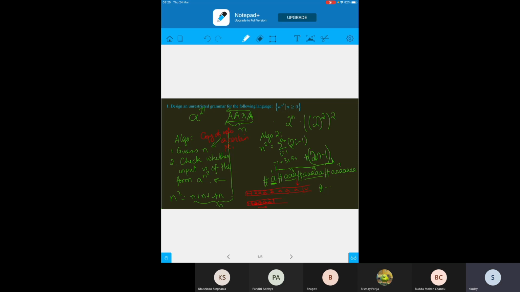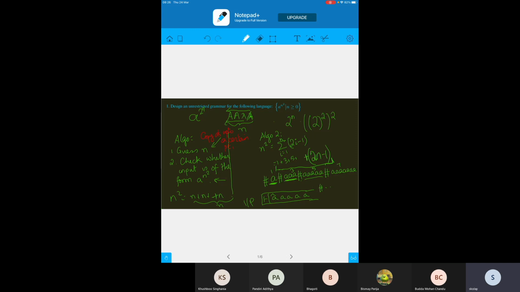So now what I can also do in parallel is, let me just erase this part. What I can also do in parallel is, as I'm generating these A's, look at my input tape. So I have this, and then I have some A's. So every time I'm generating an A, you mark an A over here.